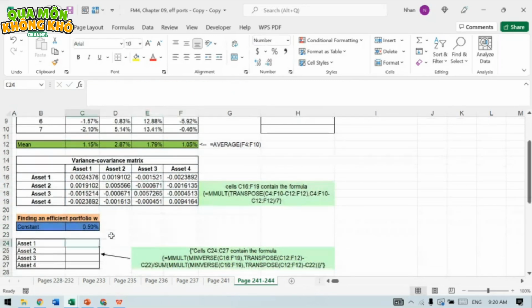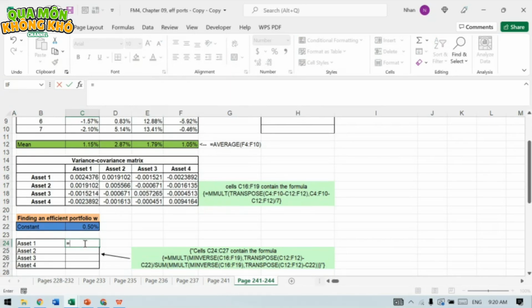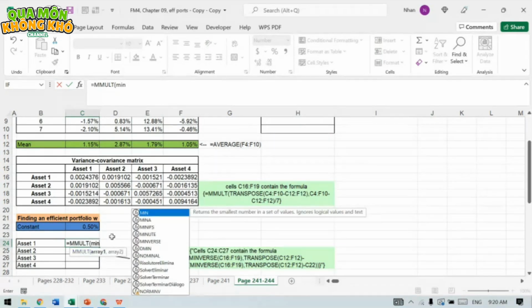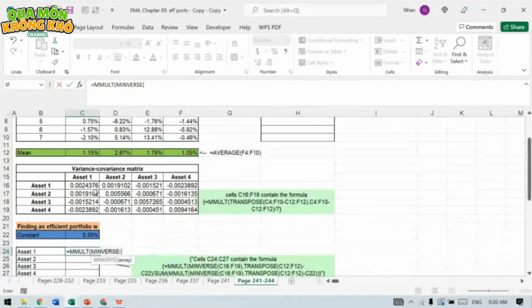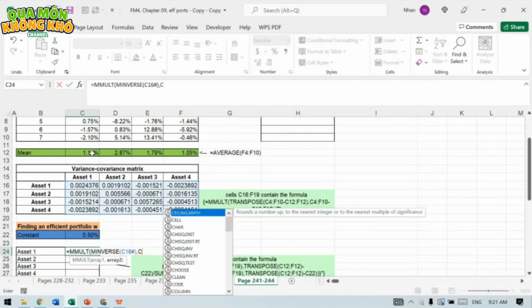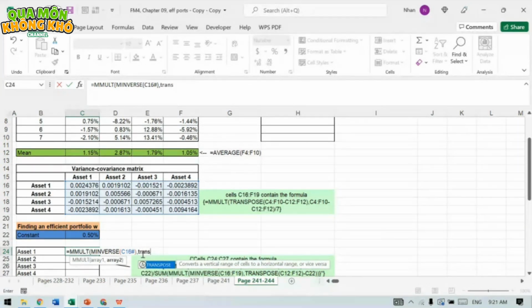And then I will calculate the efficient portfolio W with the constant 1.5%. Just apply the calculate envelope portfolio in one step. Mean here, and because this is a row, I will transpose it.